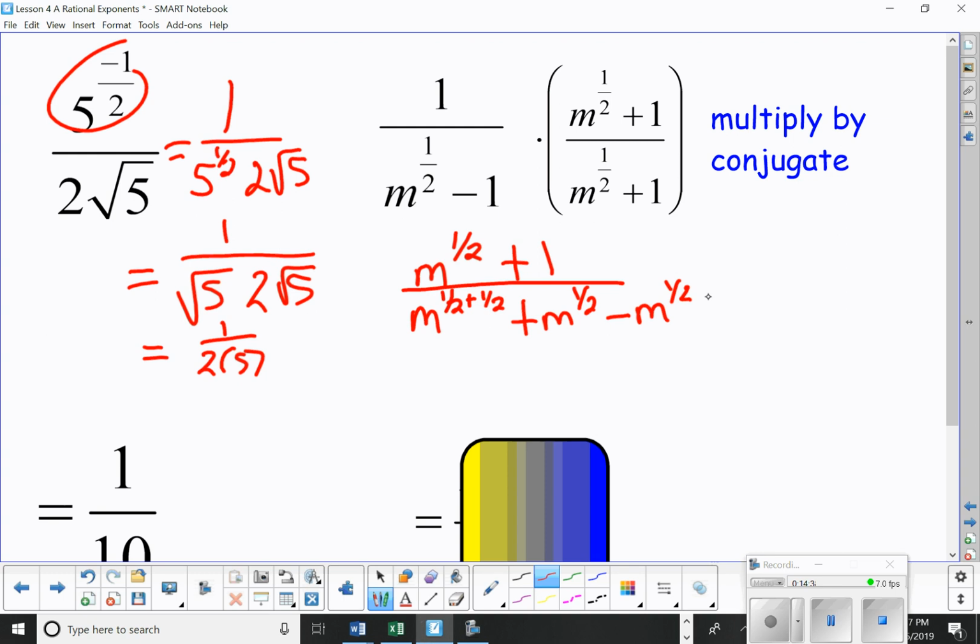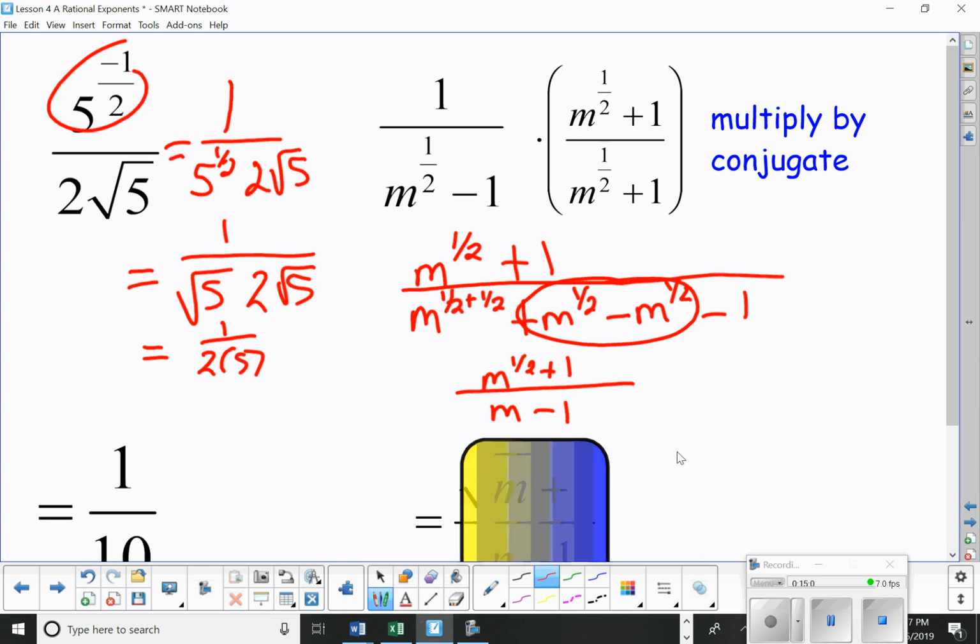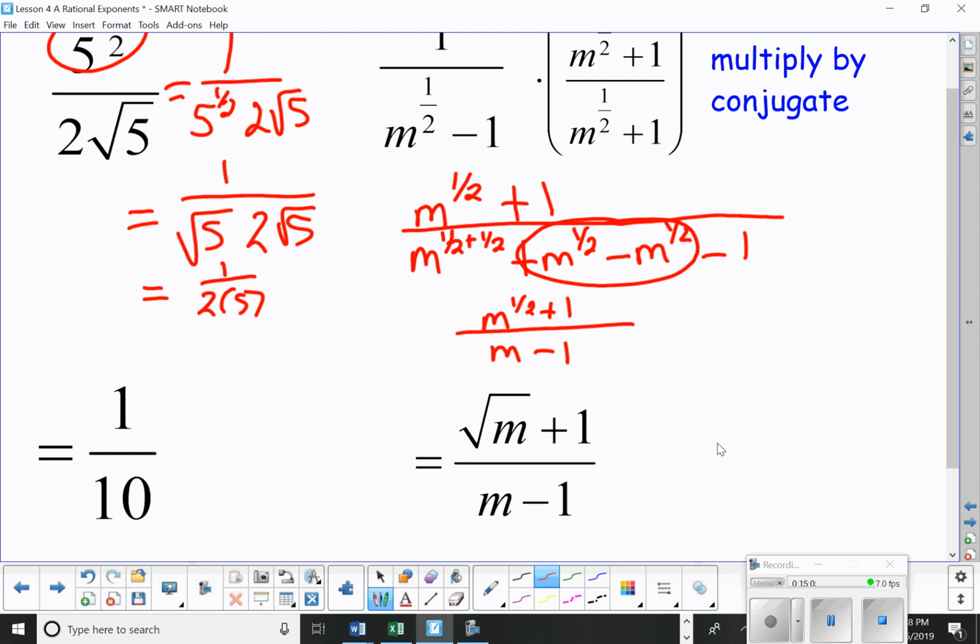Negative 1 plus 1 minus 1. Now, plus and minus, notice right here you've got a zero pair. 1/2 plus 1/2 makes 1 whole. So I now have m to the 1/2 plus 1 over m minus 1. And changing m to the 1/2 into a radical gives me the square root of m plus 1 over m minus 1.